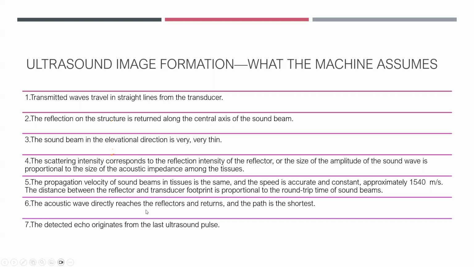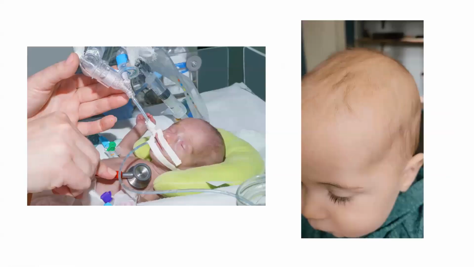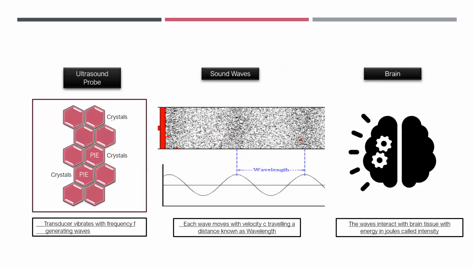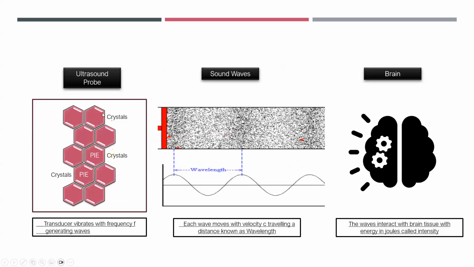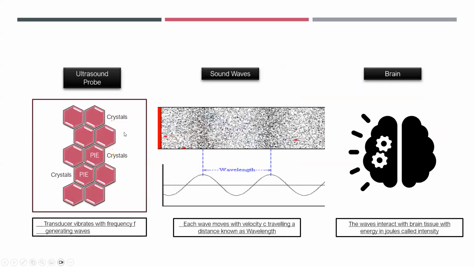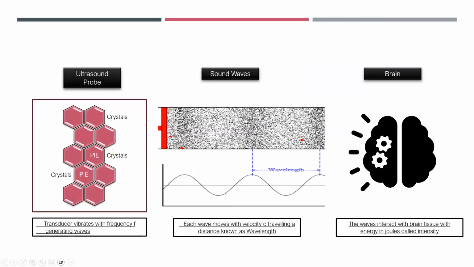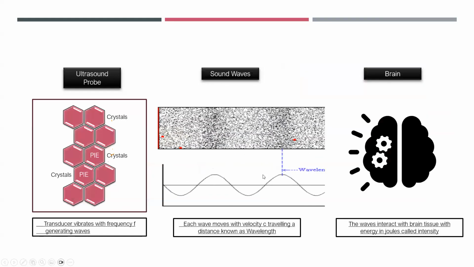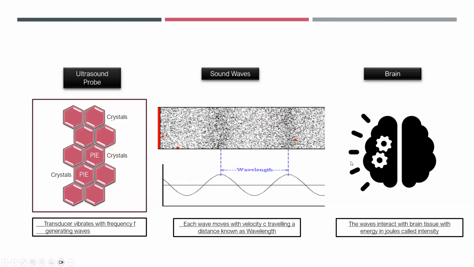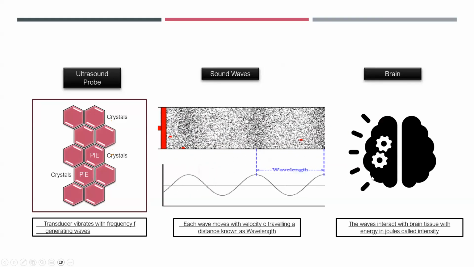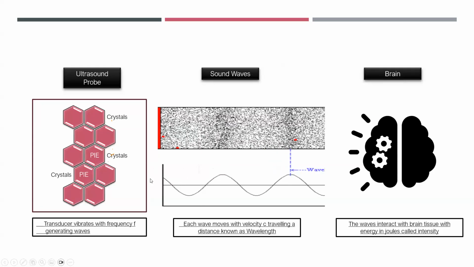At the end of the day, we also know that sound waves, as they are generated, are generated as multiple waves. Here we're assuming this is one wave, but these are multiple crystals. So they'll be generating waves over here, they'll be generating waves over here. So you'll have multiple sound waves interacting with this brain tissue. They will reflect off the surface, and those sound waves will basically reach the machine earlier.